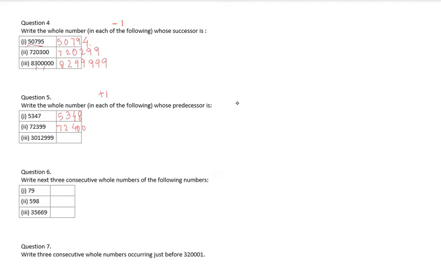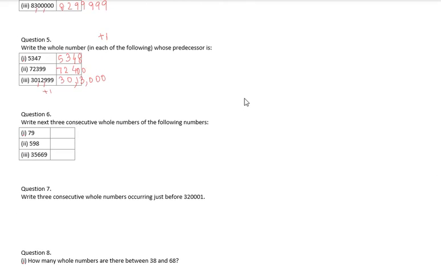Then we have 30 lakh 12,999. If there's a difficulty, you can simply add 1 to make it simple. So that's 30 lakh 13,000. I hope I'm able to make you understand. If there's a difficulty, we can add just 1 to get the answer if you're finding the successor.